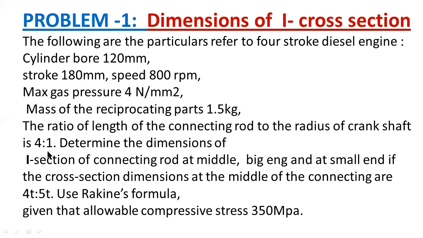The length of the connecting rod mainly depends upon the L by R ratio, so it is very important for the design of the connecting rod. Also it is very important for the size of the engine, and the height of the engine also depends upon the L by R ratio.